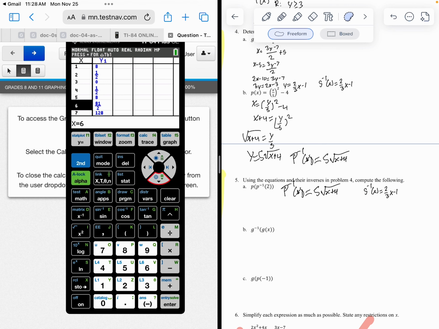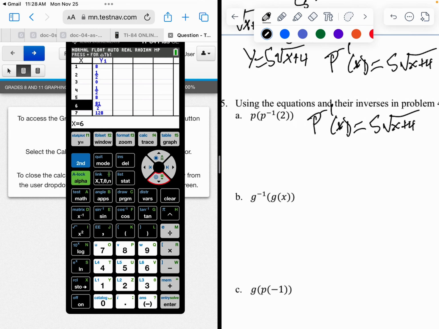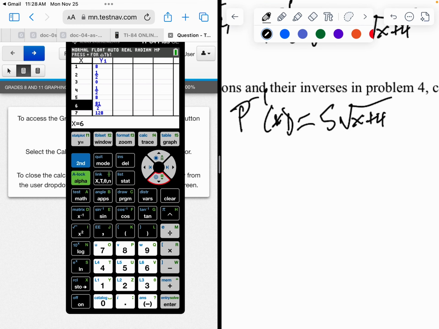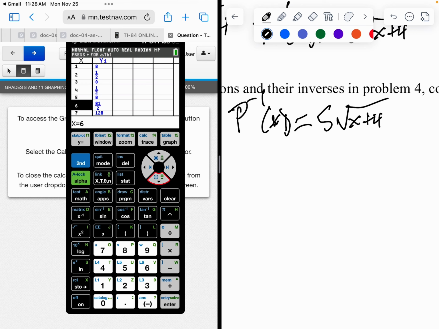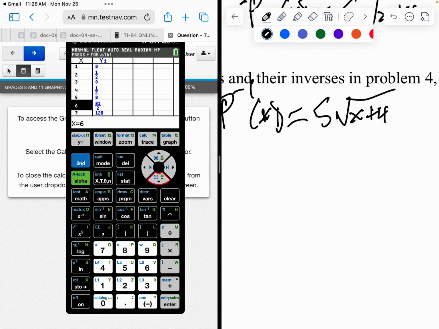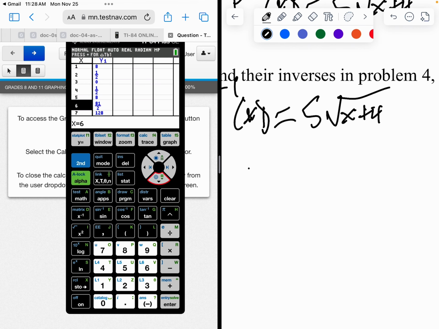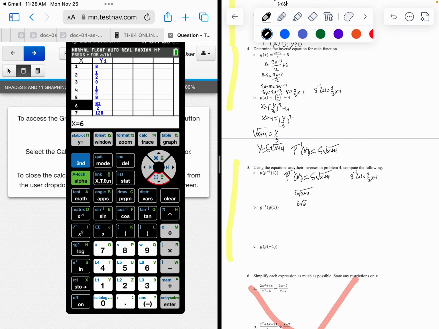Alright. So P of P inverse of 2. So we're going to plug 2 into P inverse first. 5 times 2 plus 4 equals 5 root 6. Can't simplify that anymore.